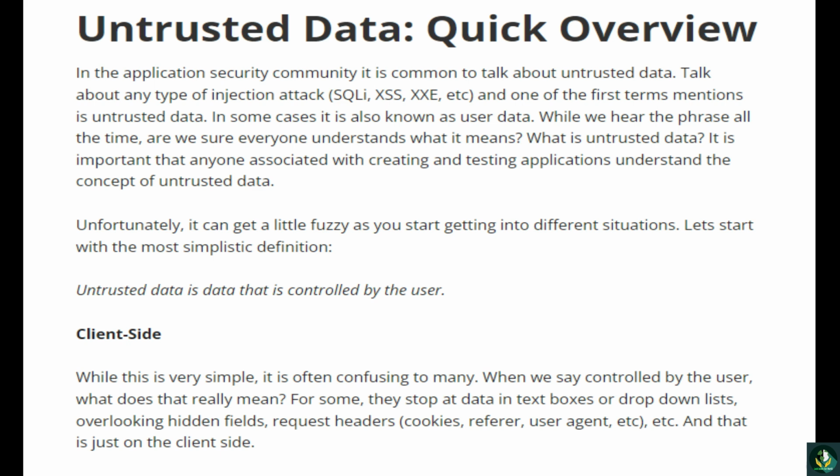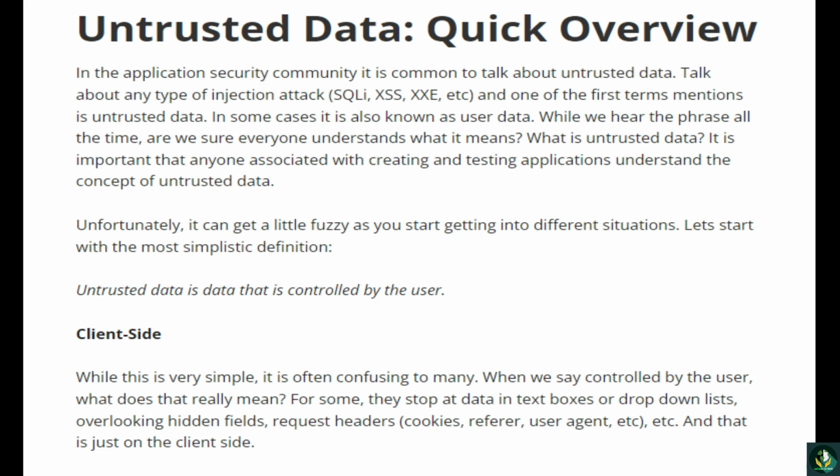Untrusted data is data that is controlled by the user, client side. While this is very simple, it is often confusing to many. When we say controlled by the user, what does that really mean?